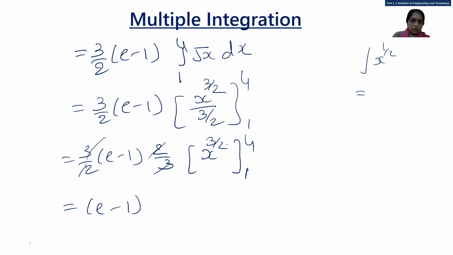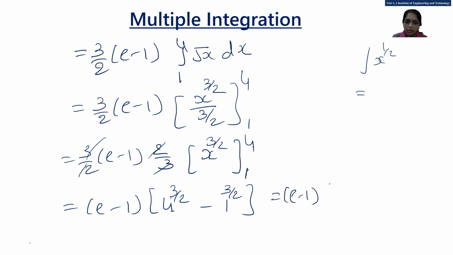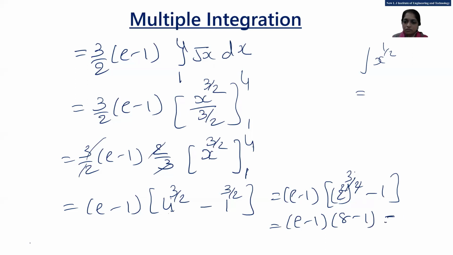If I keep my upper limit, 4 raised to 3/2 minus 1 raised to 3/2. 4 means 2 square, and here 2 square raised to 3/2; the 2s cancel, so 2 cube, which is 8. And 8 minus 1 is 7. So e minus 1 times 8 minus 1. My final answer is what, students? 7 times e minus 1. Any doubt?